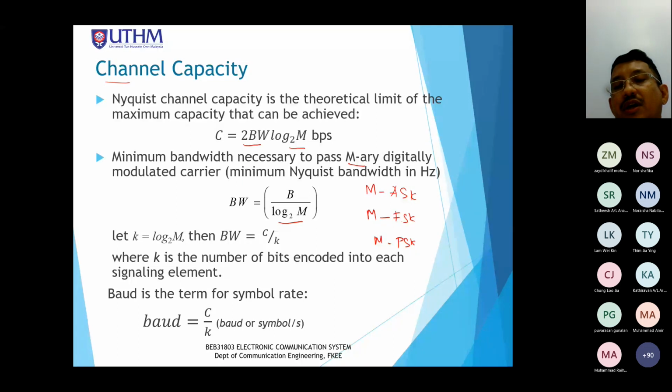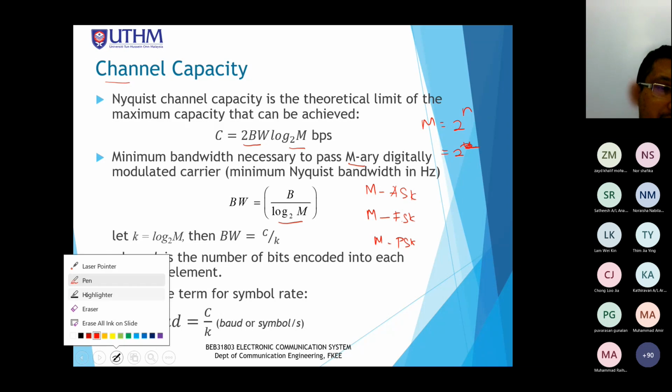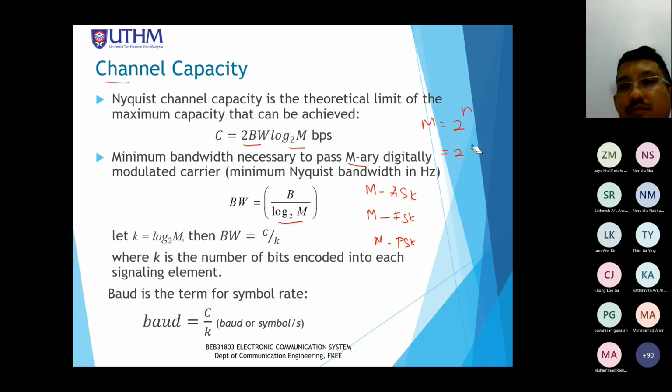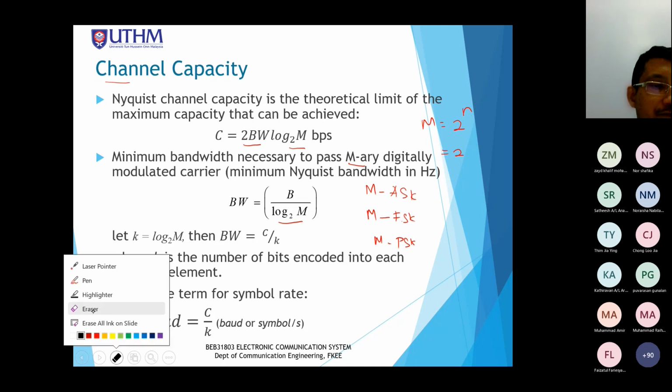M is equal to 2 power of N, where N is the number of bits. For example, if I'm using 2 bits, that means I'm going to have M equal to 4.